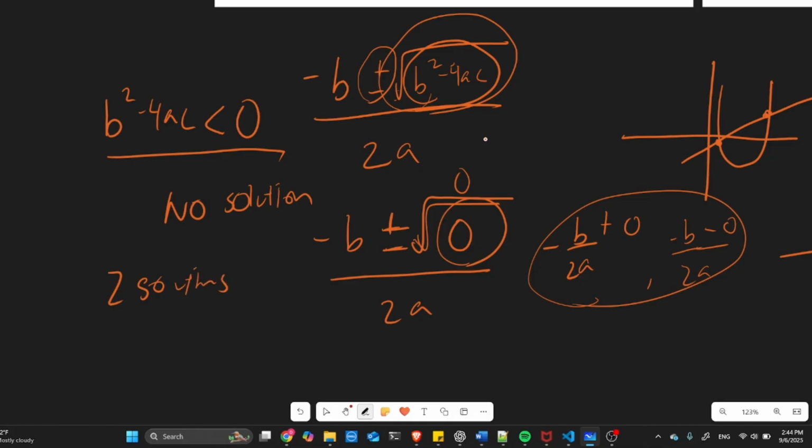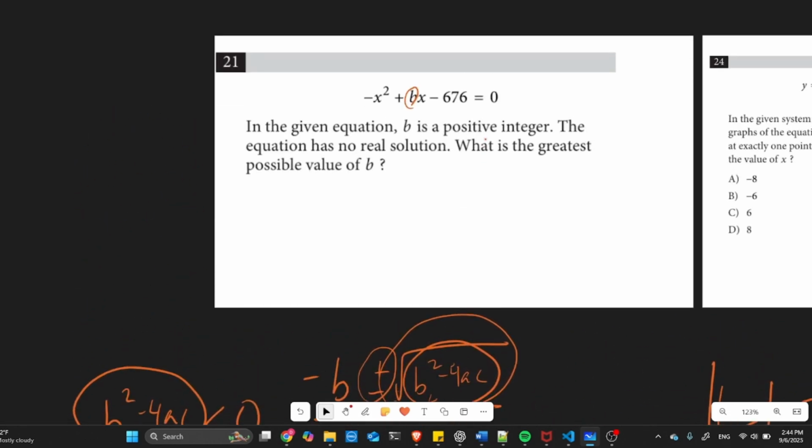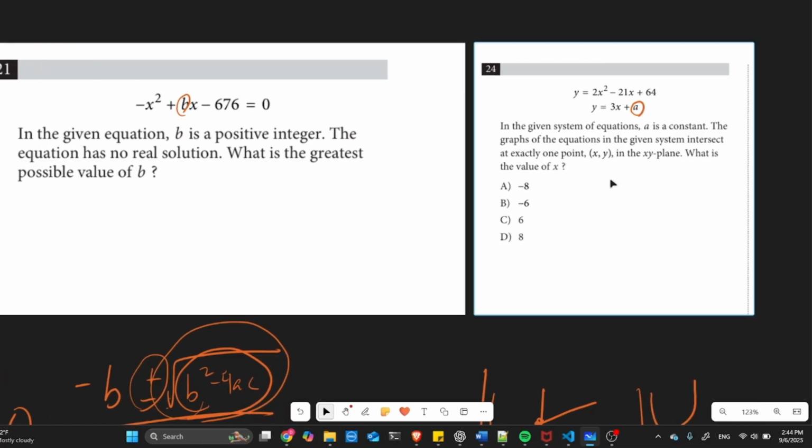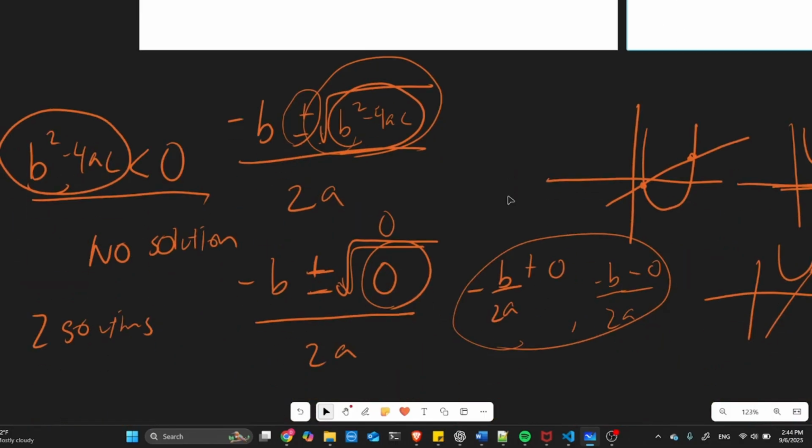So inside the square root, this right here, I think it's called the discriminant, something like that. I have to look up what it's called, but anyways, when you see like no solution, or here there's exactly 1 point, right? That's what they want you to test.